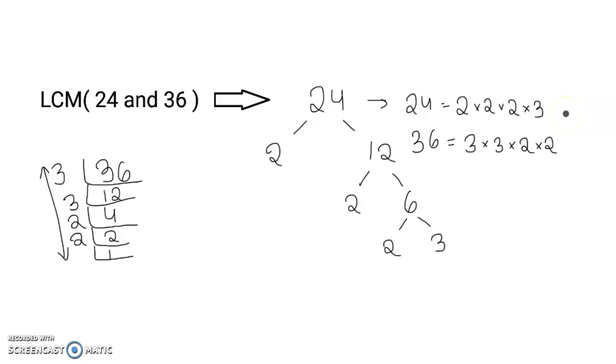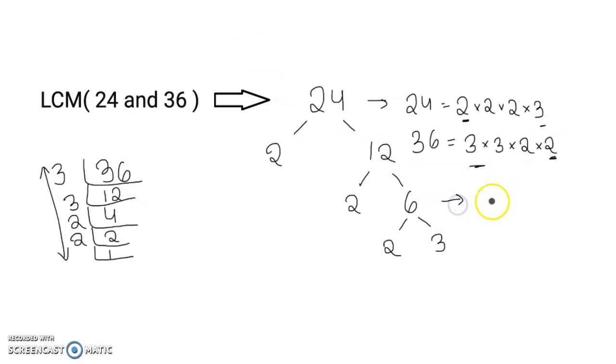Now that we've prime factorized it, the next thing we're going to do is find which factors are common between both of the prime factorizations that we did for 24 and 36, just like we did for the GCF problem. Now, we see that 2 is common between both of the factorizations and 3 is common between both of the factorizations.